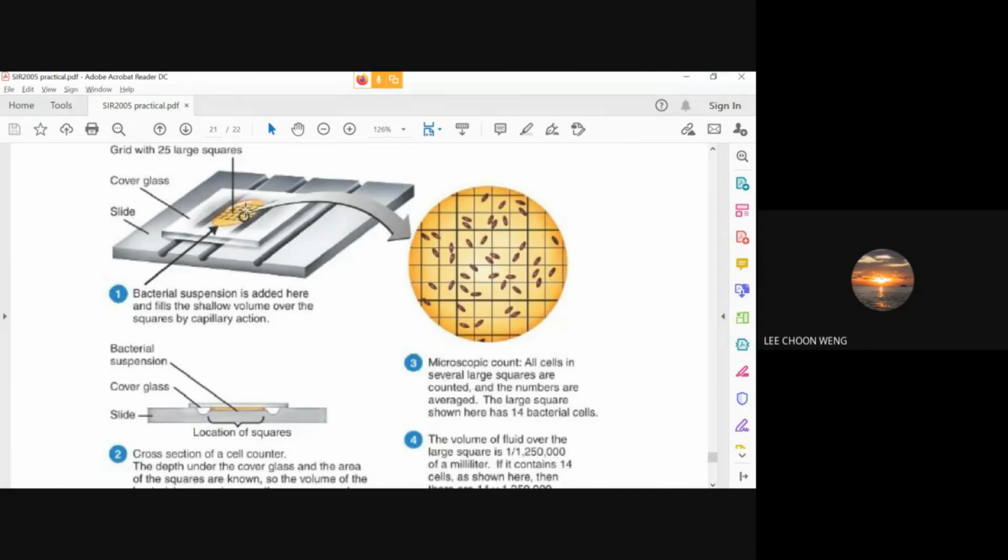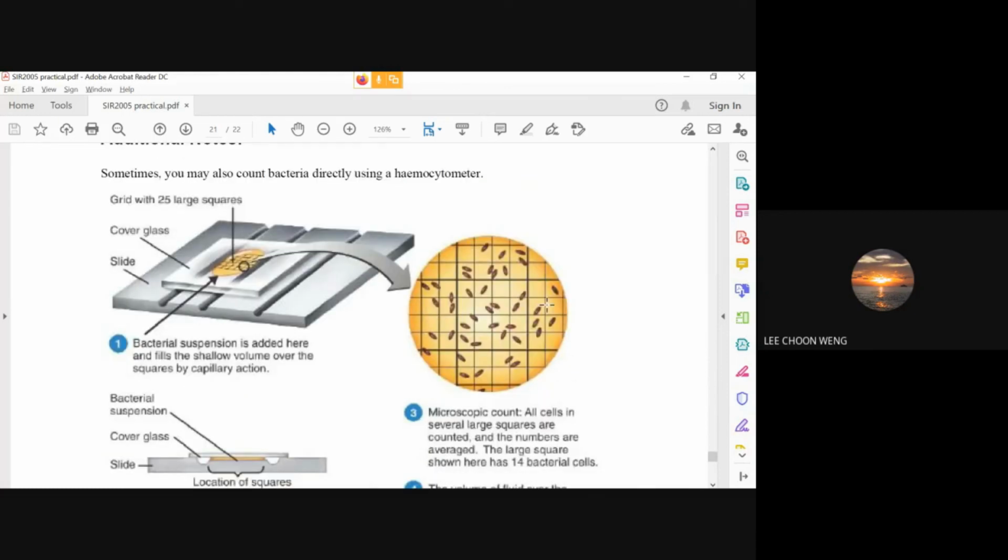So how does this differ from your spread plating, pour plating, MFT, and the rest? How does this microscopic count on the hemocytometer differ from spread plating, pour plating, MPN, and MFT?